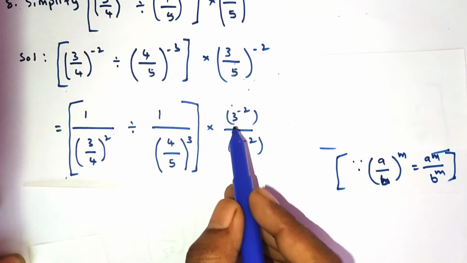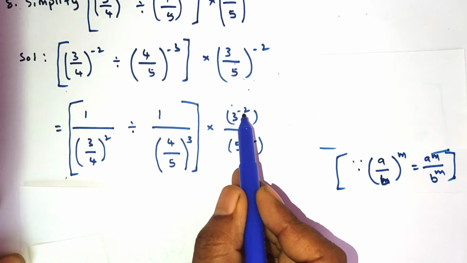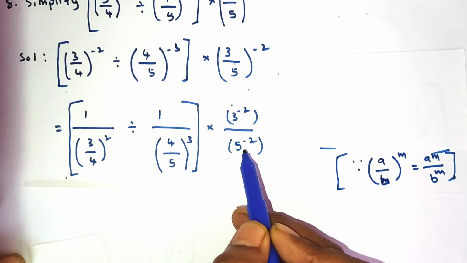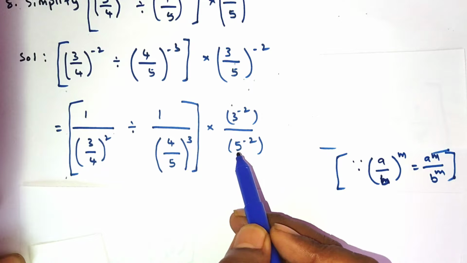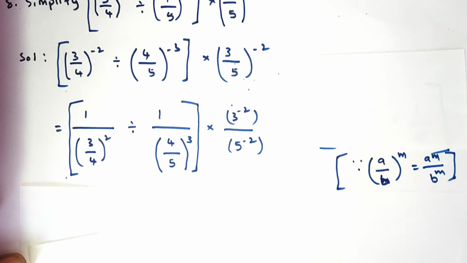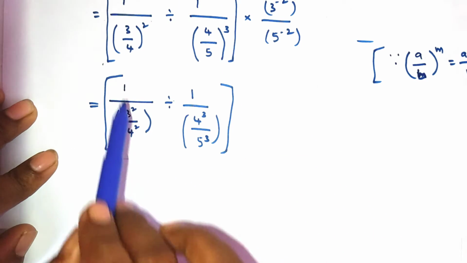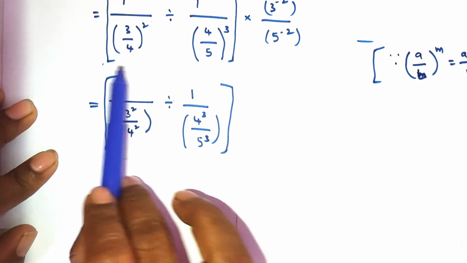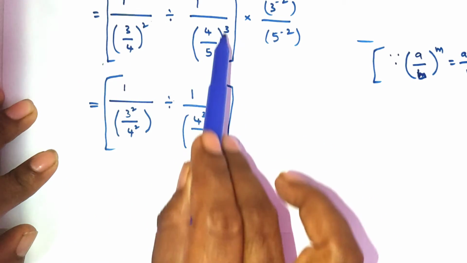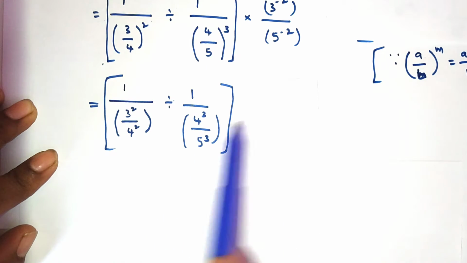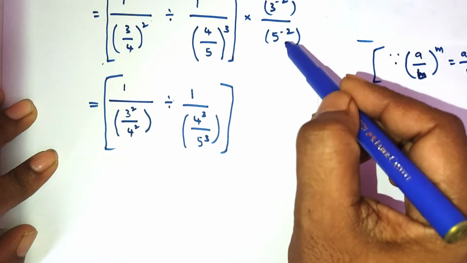So we have written 3 to the power of minus 2 by 5 to the power of minus 2. Here we have written this part as it is. Here also we have written this part as it is. We have changed this part of the equation.